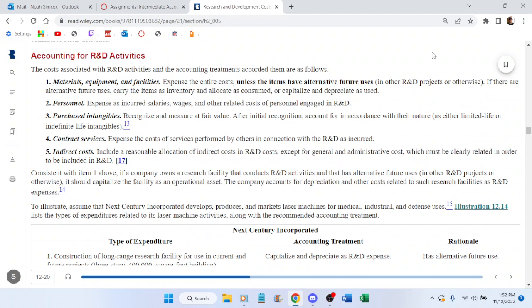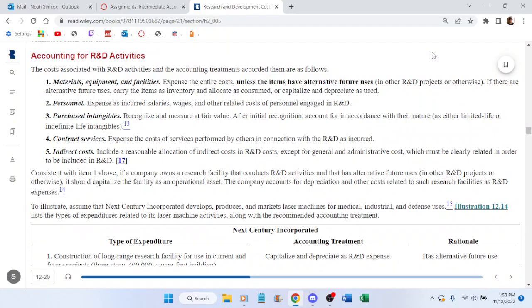If a company owns a research facility that conducts R&D activities and that has alternative future uses in other R&D projects, or otherwise, it should capitalize the facility as an operational asset. The company accounts for depreciation and other costs related to such research facilities as R&D expenses.